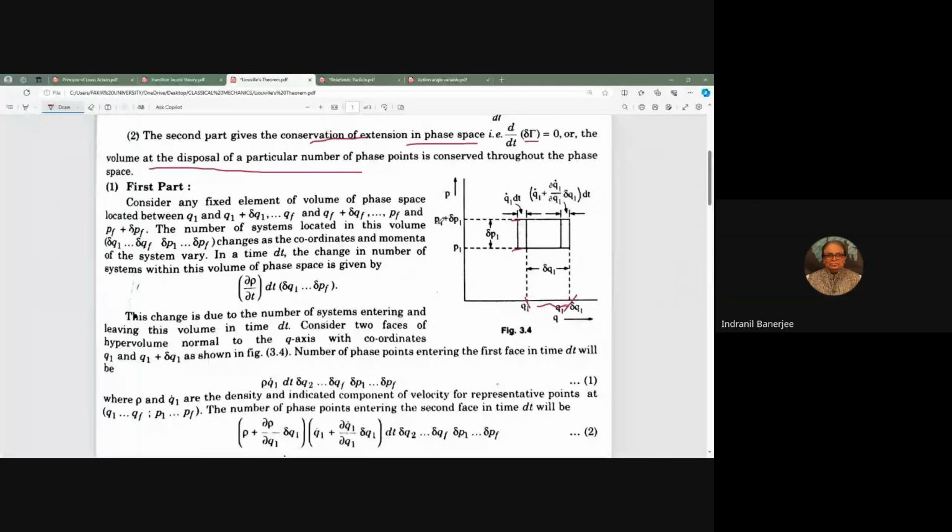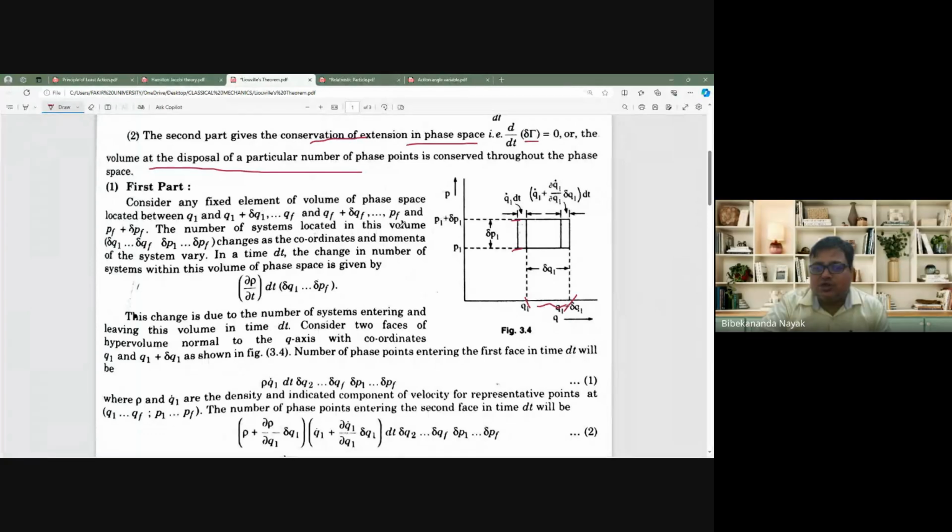So the volume of the total phase space will be delta q1 to delta qf into delta p1 to delta pf. The coordinates and momentum of the systems vary.